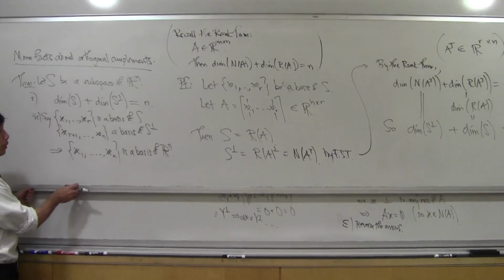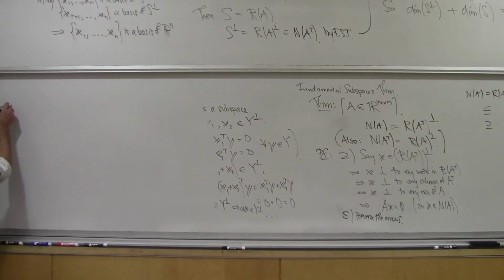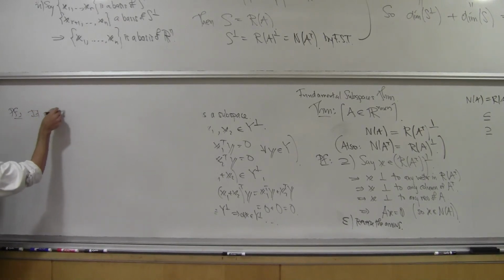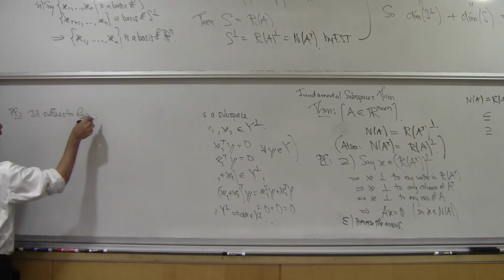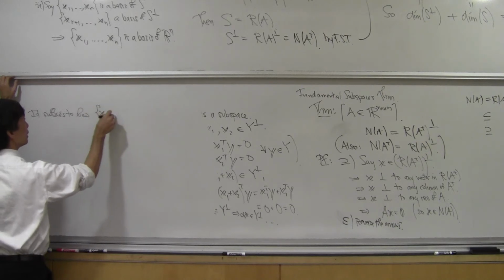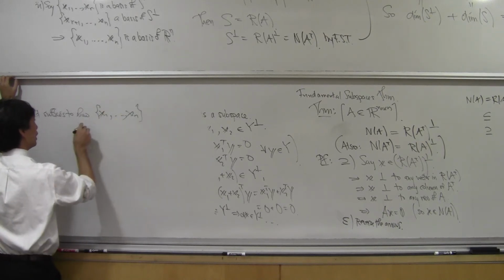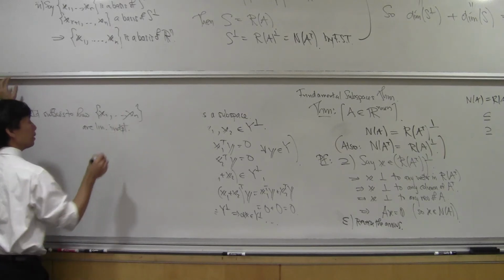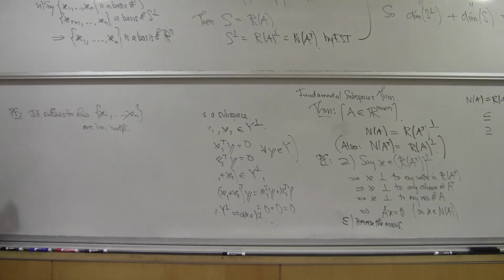So the proof is that it suffices to show that these are linearly independent, because there are n of them, and we're in Rn, so we don't have to prove both spanning and linear independence. We just need to show one or the other.